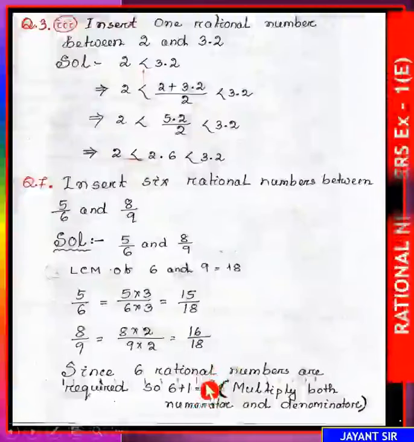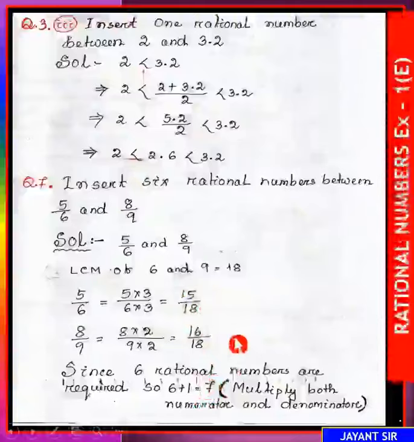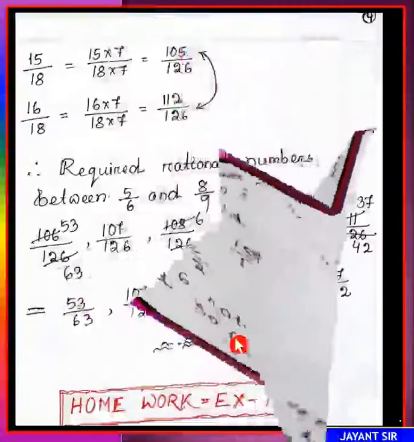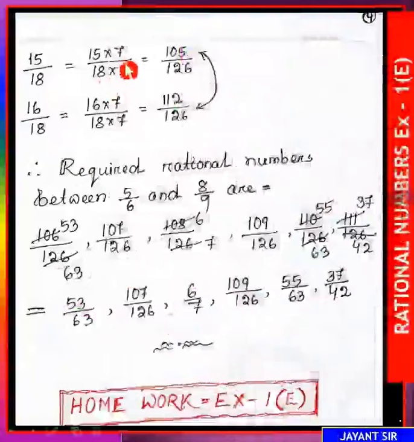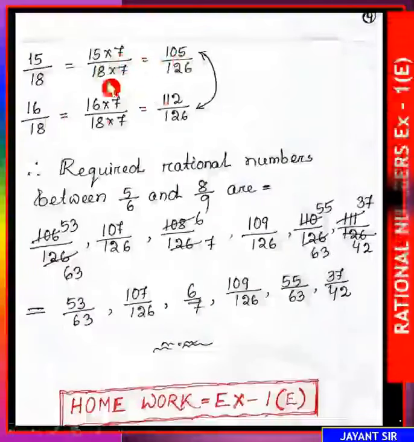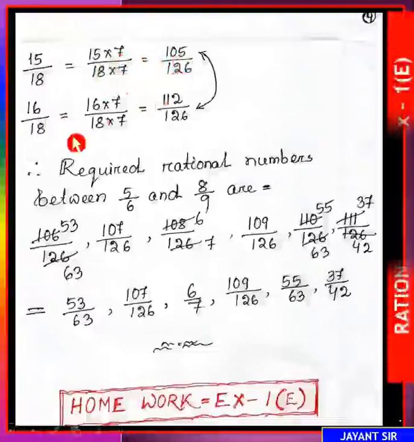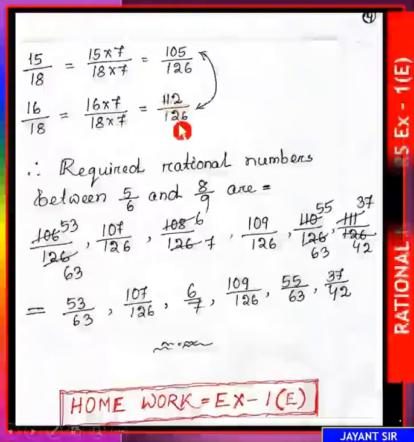We have to multiply both the numerator and denominator of 15 by 18 and 16 by 18 by 7, because we need 6 rational numbers, 6 plus 1 equals 7. Then 15 times 7 is 105, and 18 times 7 is 126. Then 16 by 18: 16 times 7 is 112, and 18 times 7 is 126.